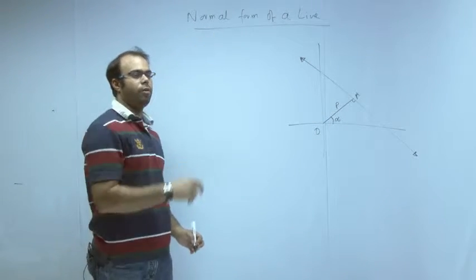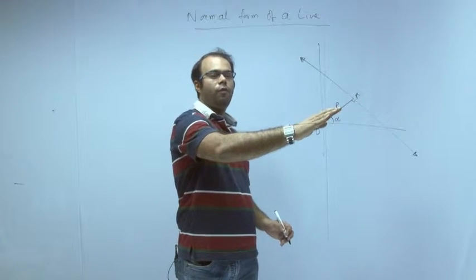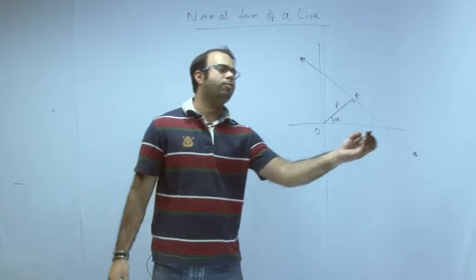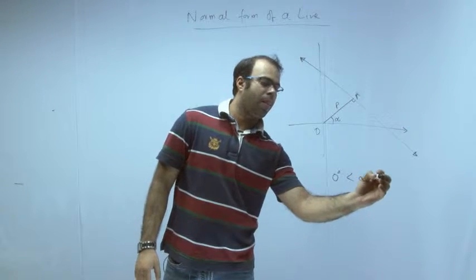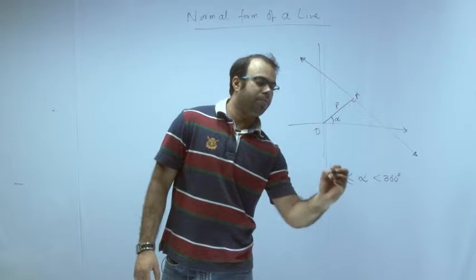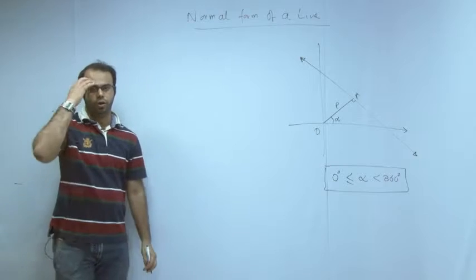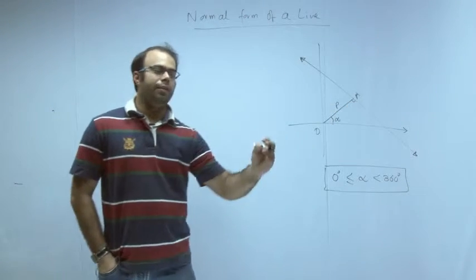That is why it is called the normal form of a line. From the origin the normal is given, which is of length p and making an angle alpha with the x axis. This alpha could be from 0 degrees to 360 degrees, zero included, but 360 degrees is not included. Now we have to find the equation of this line.